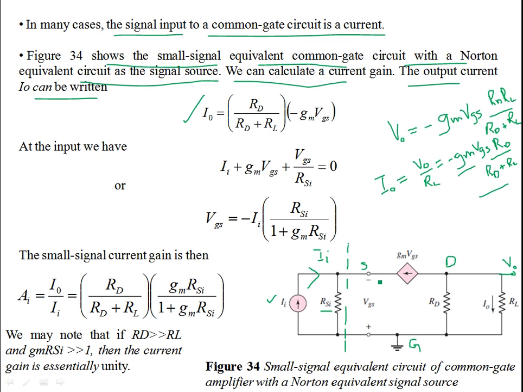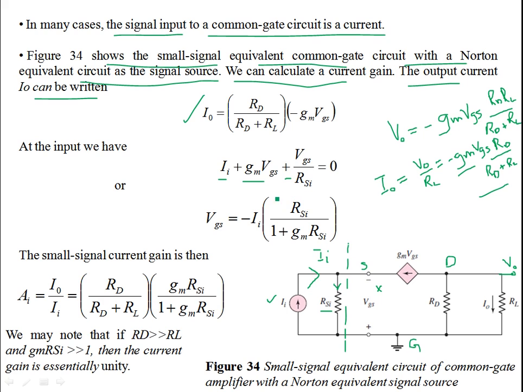Since there is no current in the gate terminal, we can write this as II plus GM VGS plus, for the Norton equivalent, a current in this branch, which is equal to VGS, across the source and gate terminals. Due to the polarity, this comes with a plus over here. This is VGS over RSI, and the sum is equal to 0.